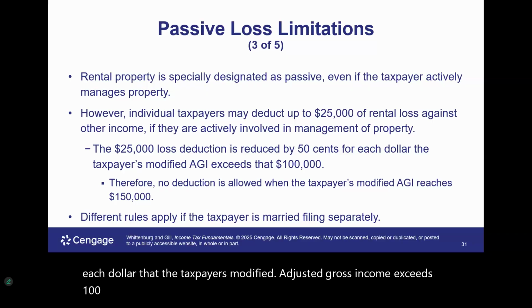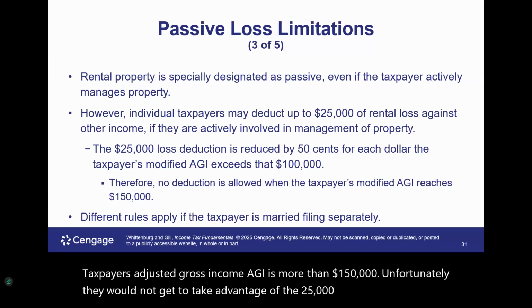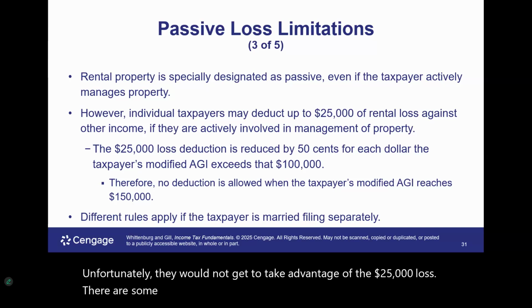So simply stated, if the taxpayer's adjusted gross income, AGI, is more than $150,000, unfortunately, they do not get to take advantage of the $25,000 loss. There are some different rules that apply if the taxpayer is married filing separate.